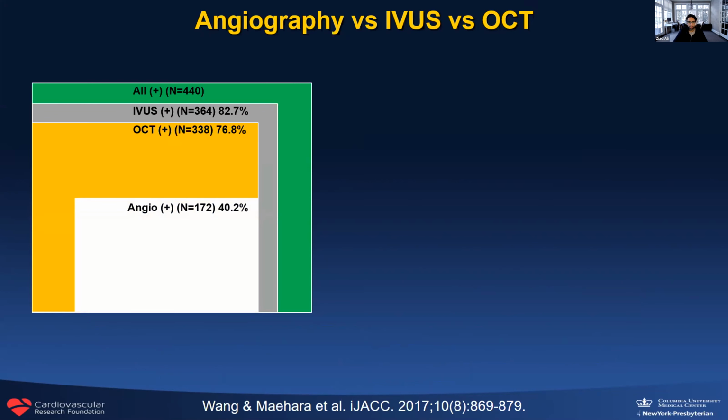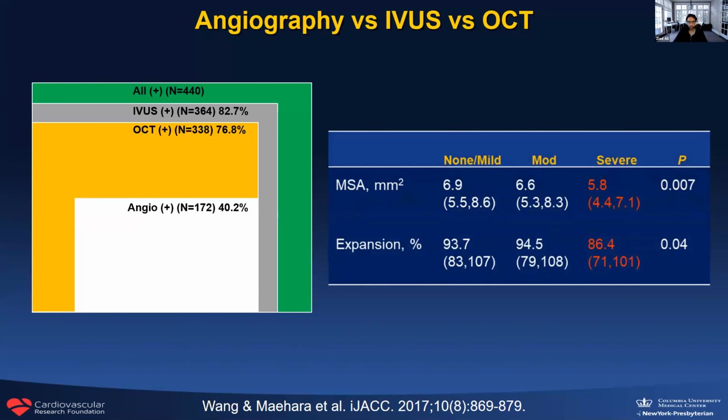But on angiography, we only saw calcium 40% of the time. So the sensitivity of OCT and IVUS to pick up calcium is superior to angiography, but the specificity of angiography is actually very high.